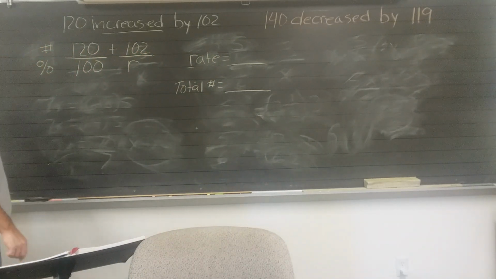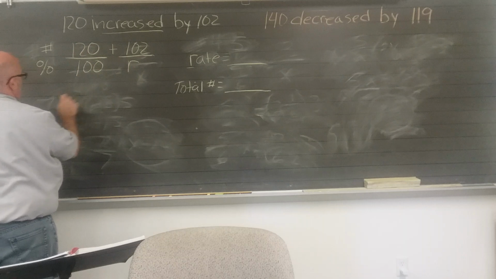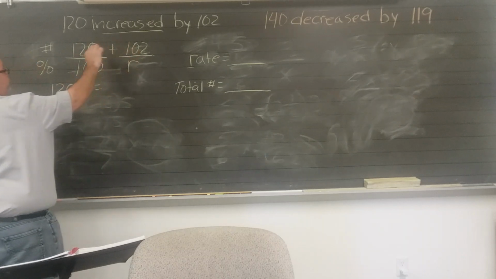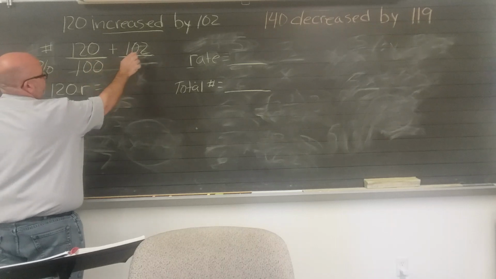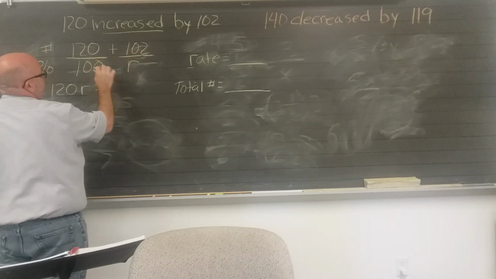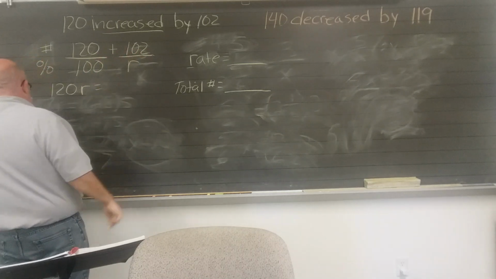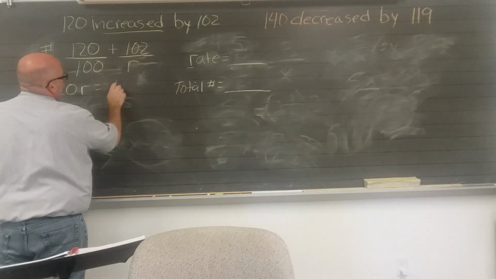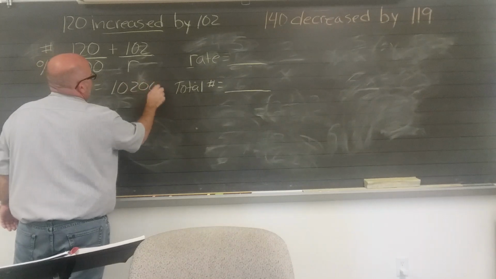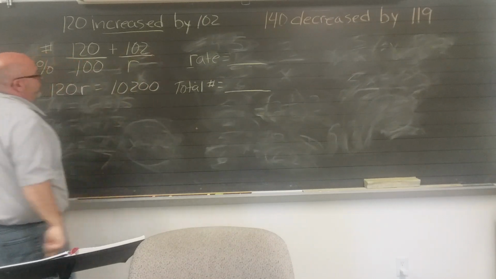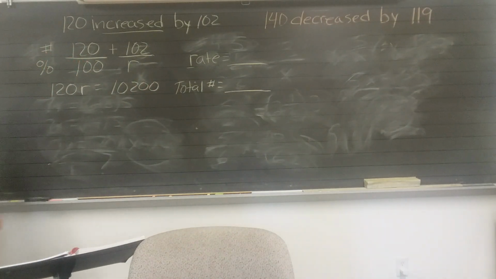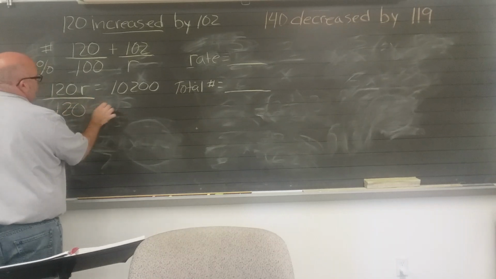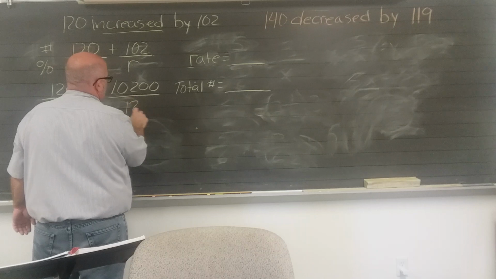So what's your equation? 120R equals 102 times 100. 102 times 100, so this is times. You can just do that right away. Add 2 zeros over there. 10,200. So you multiplied 102 times 100. Divide those by 120.